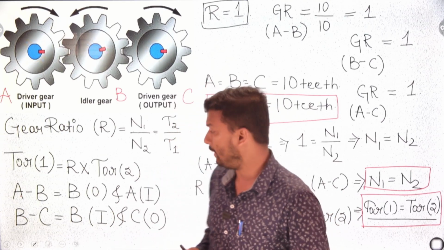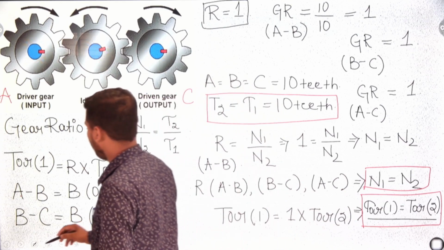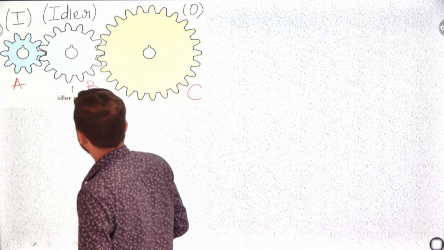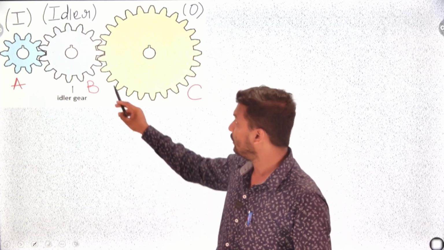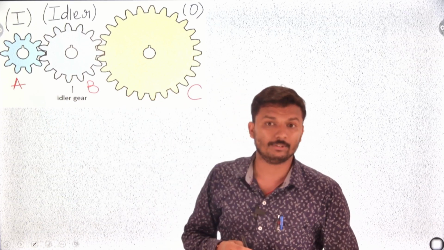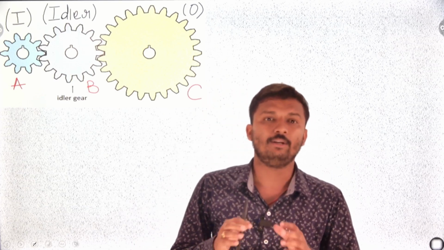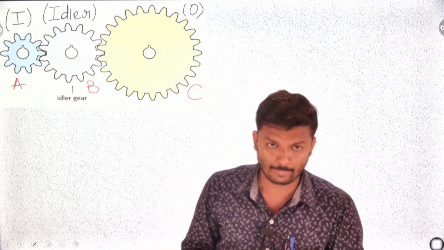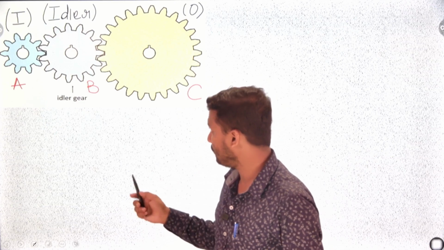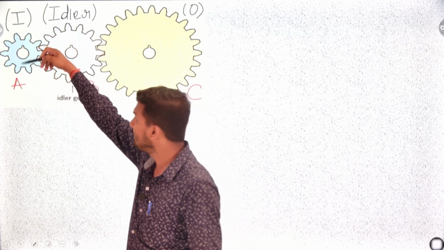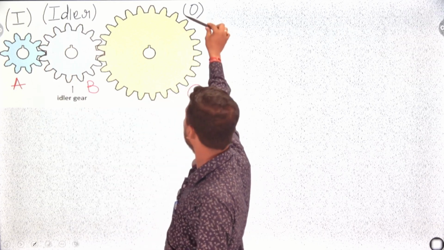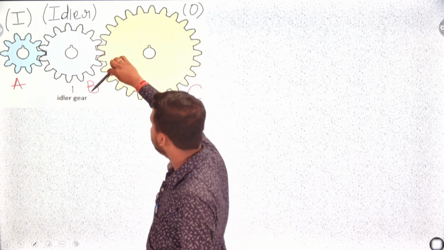The next problem uses the same formula. In this problem we have the same simple gear train, but with different teeth. Remember one thing: A is the input, C is the output, whereas B is the idler.